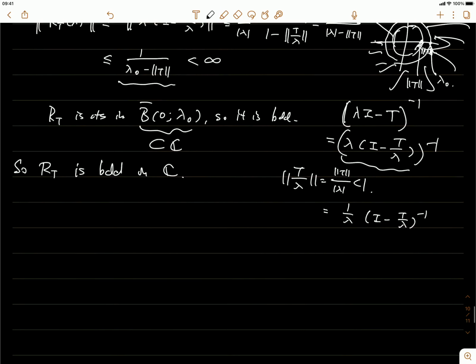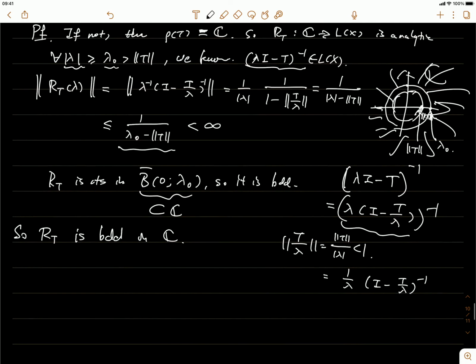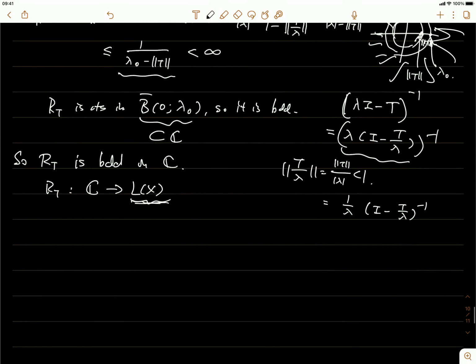What we can do next is, RT is still mapping from C to this, and this thing is difficult to handle. So now let's just use the help of the dual space of this Lx. Then for any f in the dual space of this Lx, because this is the Banach space, I can consider the dual.